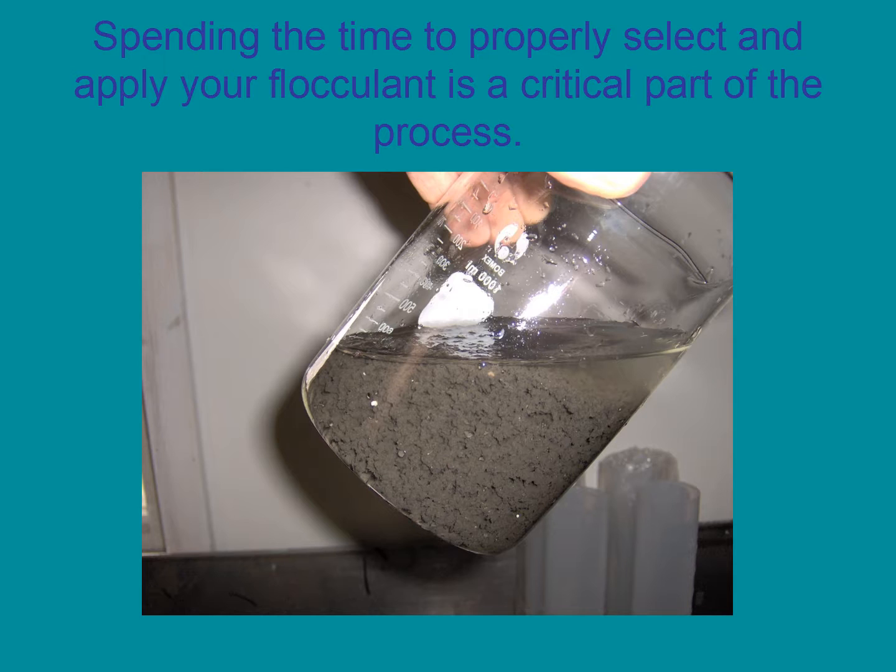Spending the time to properly select, mix, and inject the chemical will save you money in both the number of bags you use and also a drier cake to dispose of at the end of the process.